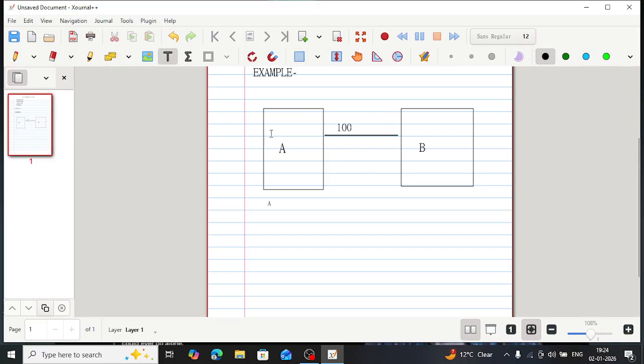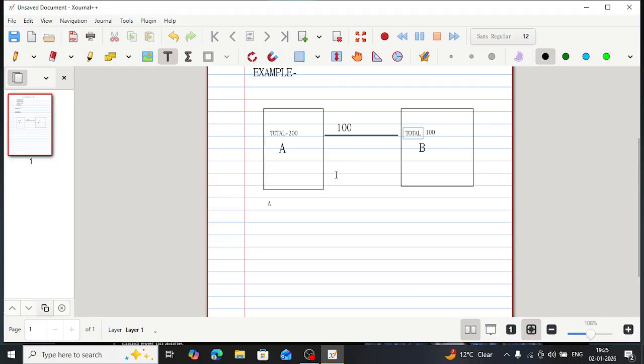Let's say the total balance in the first account is 100 rupees, and in the second account 100 rupees. So what happens when one account's customer sends money to the second account?